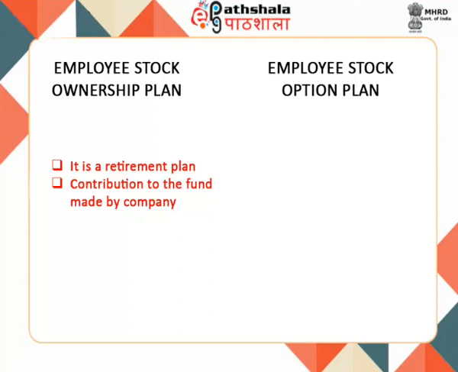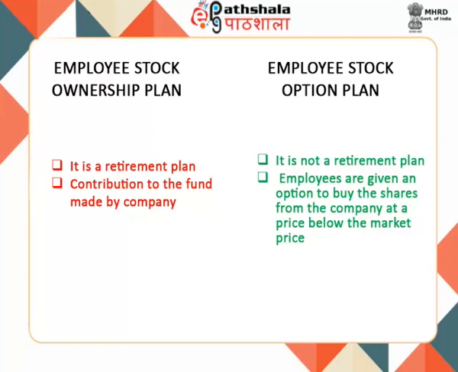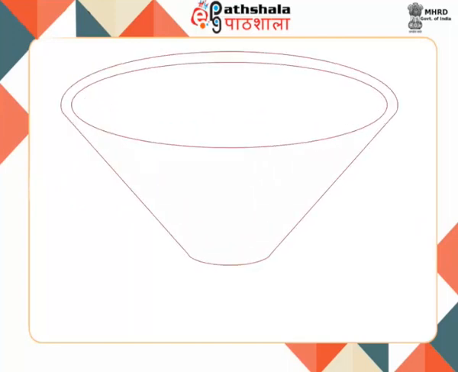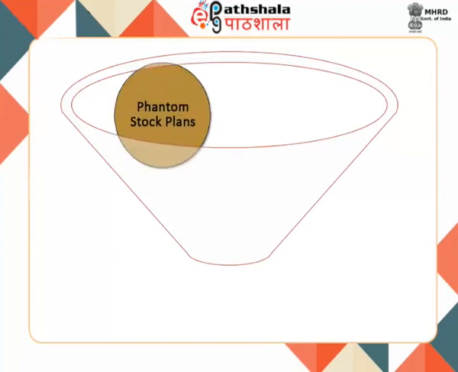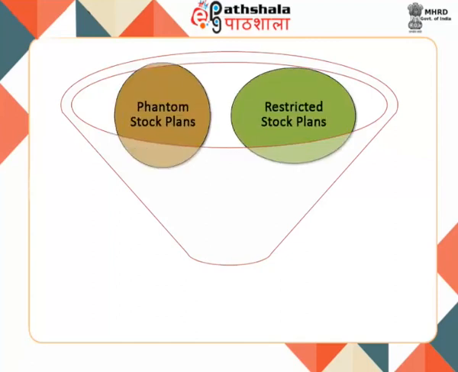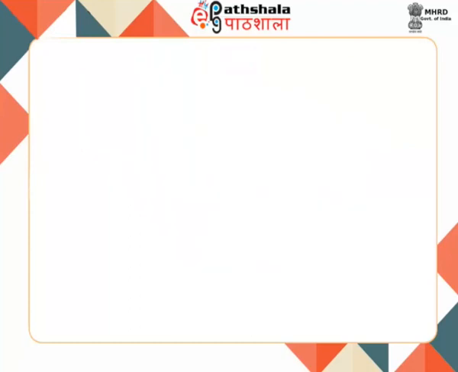Secondly, in the employee stock ownership plan, the contribution to the fund is made by the company, whereas in the employee stock option plan, employees are given an option to buy the shares from the company at a price below the market price. Other stock related plans include phantom stock plans, restricted stock plans, stock appreciation right, etc.